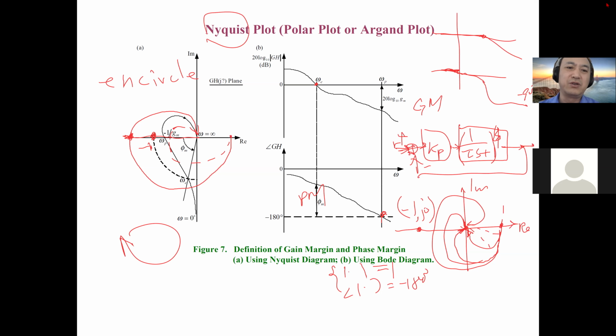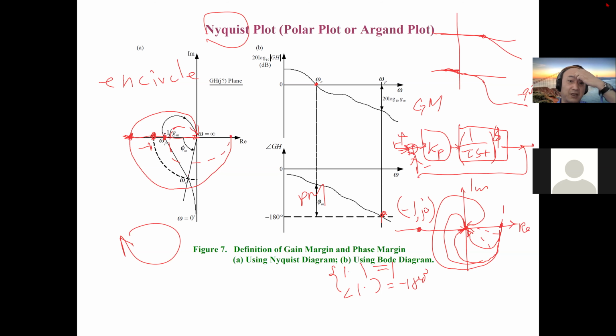Basically, you draw a unit circle here, and see if the curve crosses inside it. The distance from here to here, how far away from this point, is called the gain margin, and the angle here is the phase margin.